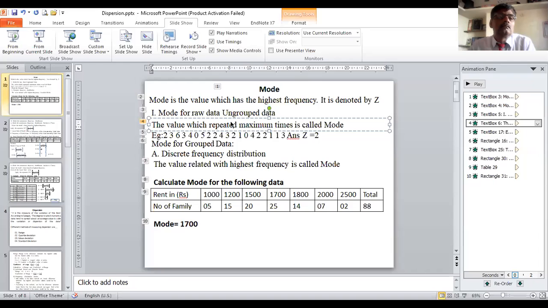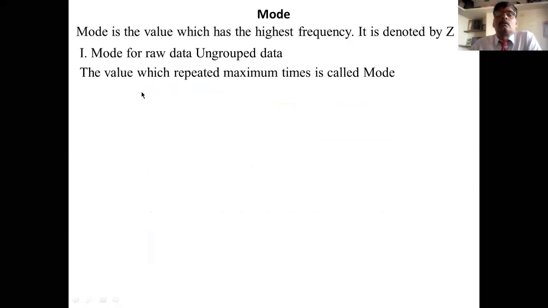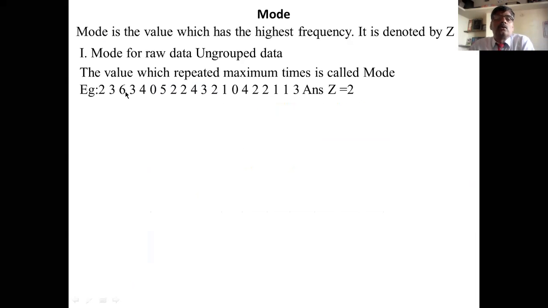For the raw data, if numbers are given and you want to calculate mode, the value which is repeated the maximum number of times is called mode. Okay. So here is the example.